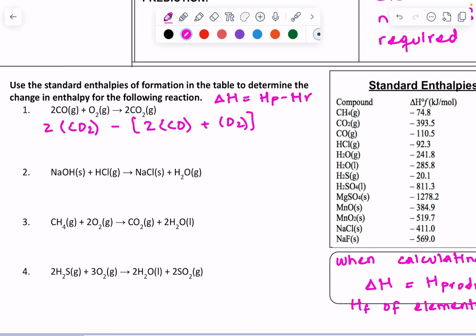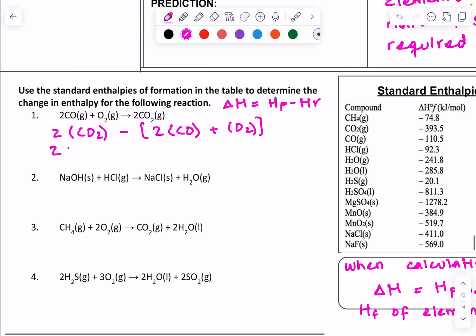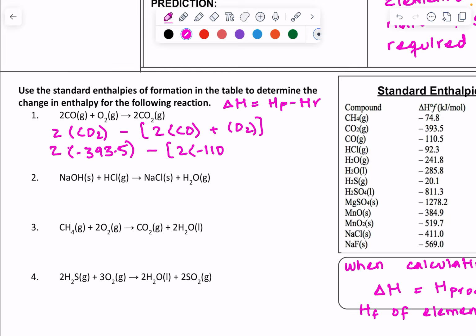So let's plug in the values for their enthalpies from this table that I gave you on the side. So for carbon dioxide, that is negative 393.5 minus you have 2 times negative 110.5 plus 0, because remember oxygen is in the elemental form right now, so the enthalpy will be 0. So then you just subtract these two, and that gives you your answer.